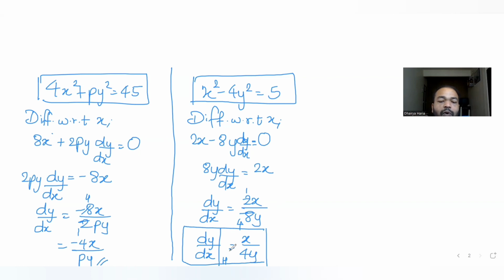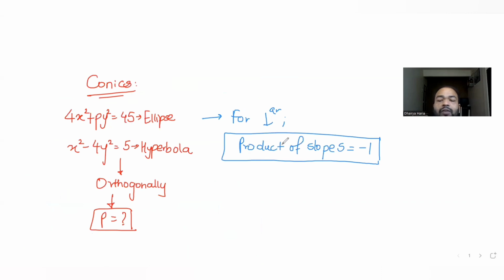So we have the slope of the hyperbola, and we also have the slope of the ellipse, that is -4x upon py. Now I can substitute both of these slopes into the equation we already know, that the product of slopes is -1.